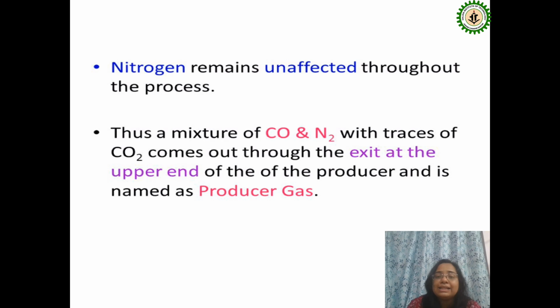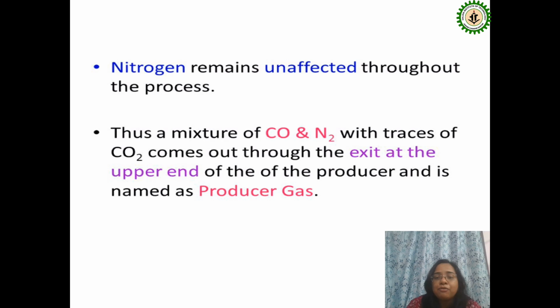In the production of producer gases, the nitrogen present in the air remains totally unaffected during the reaction, and as a result a high fraction, 56%, of nitrogen remains in the producer gases.